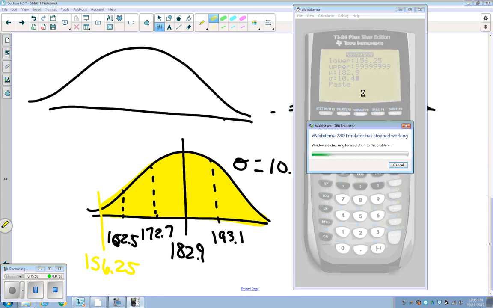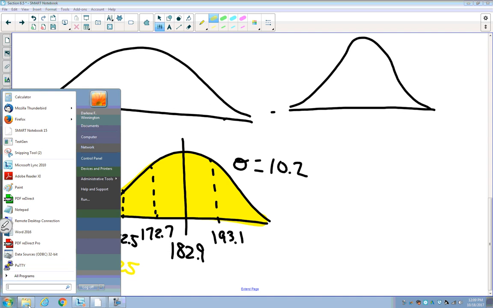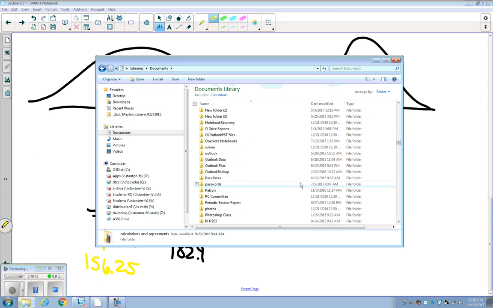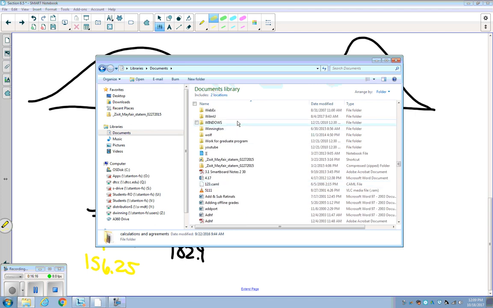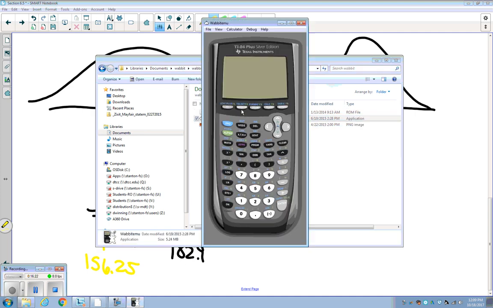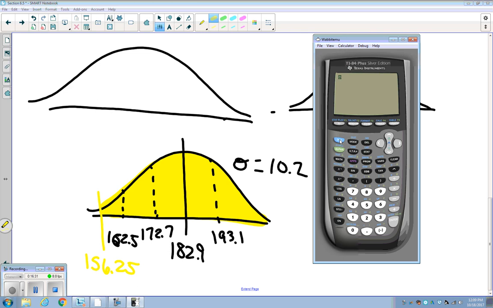I have to remember that I can't use the back key on my keyboard. So second distribution. 156.25.